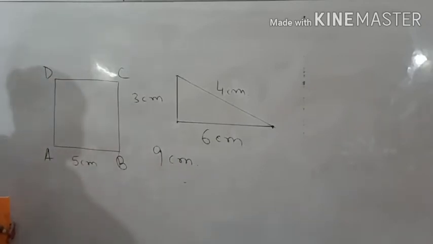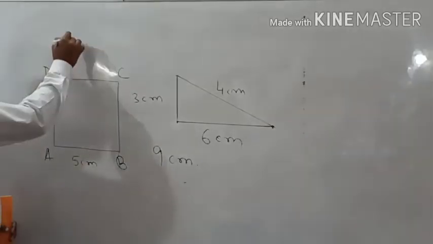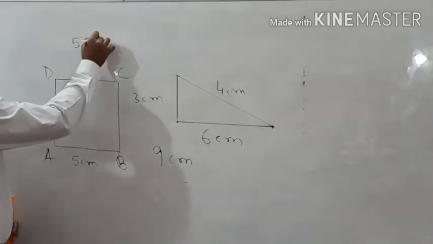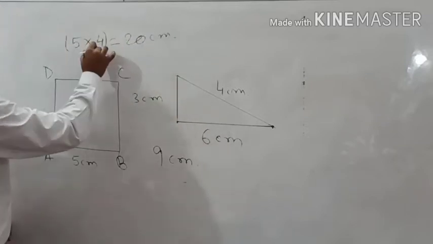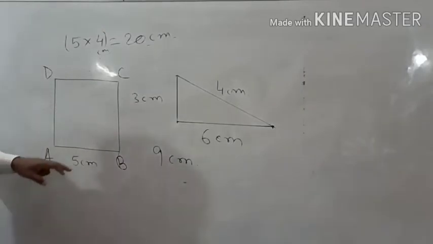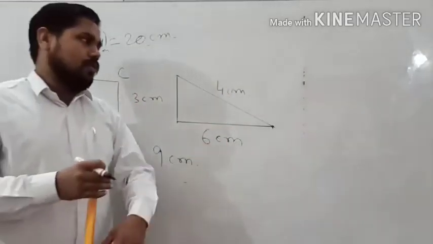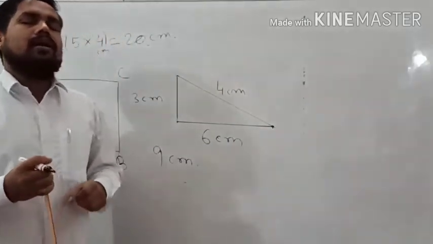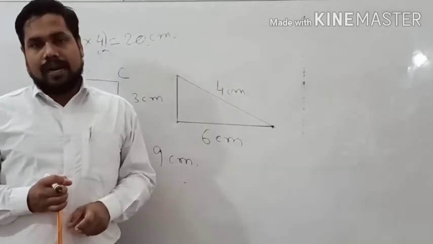Instead of adding 5, 5, 5, 5 four times, we multiply 5 into 4, so 20 centimeter. This is how we can find the perimeter of a rectangle also. Suppose we are drawing a rectangle, and the further geometrical figures we will learn about.